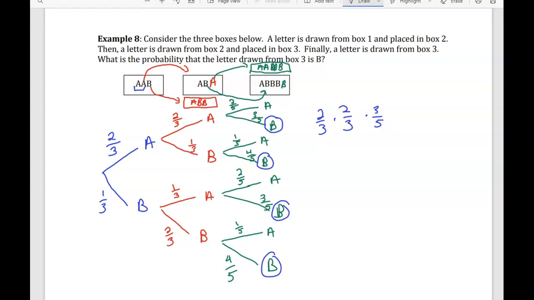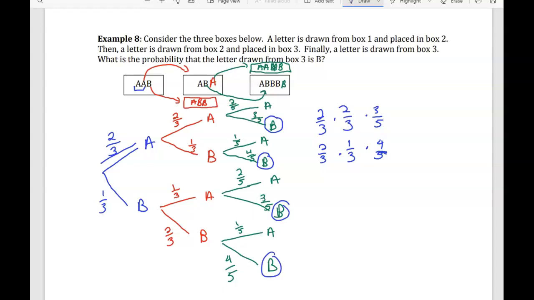Then we have a 2/3 times 1/3 times a 4/3. Nope, sorry, that's 4/5. Let me change that. That's 4/5.